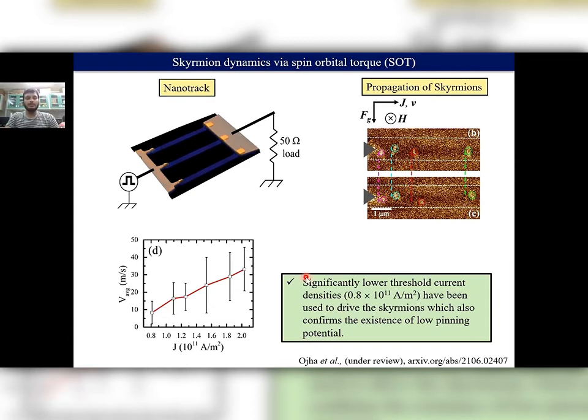Now we have seen that we are able to move this skyrmion with a very low critical current density, which is around 0.8 times 10 to the power 11 ampere per meter square, which is much lower than previous reports.